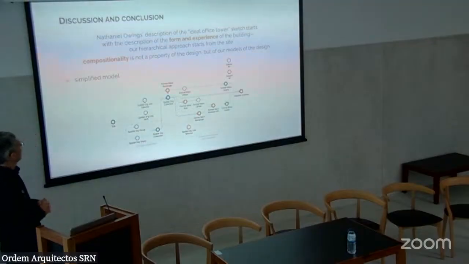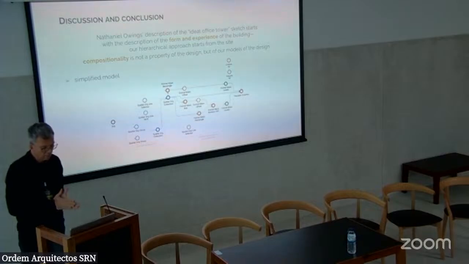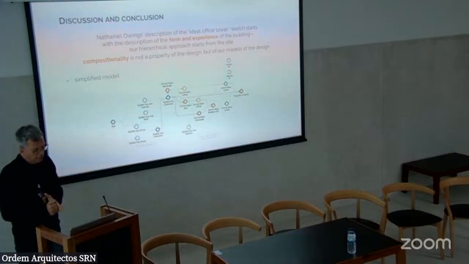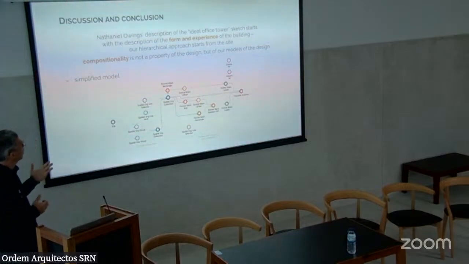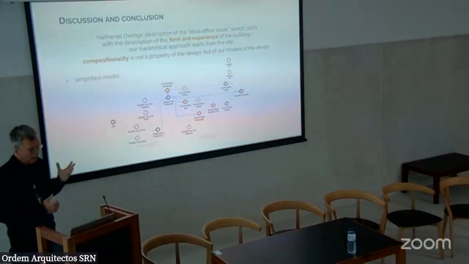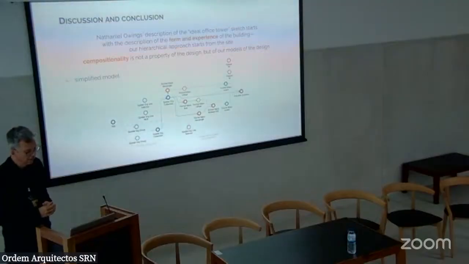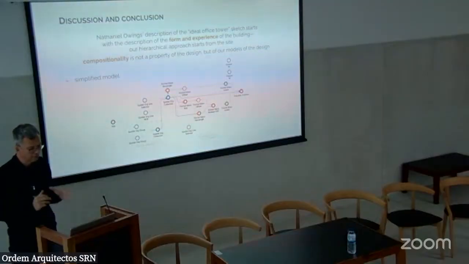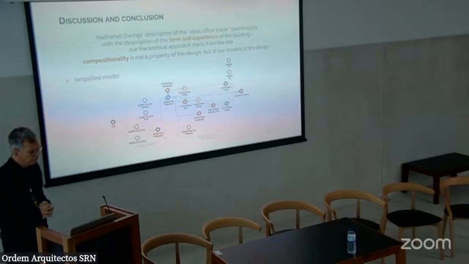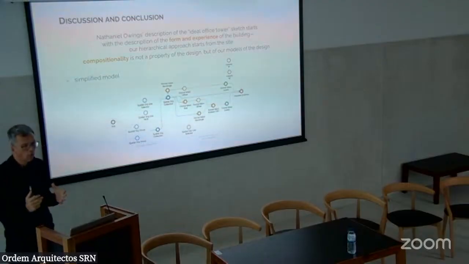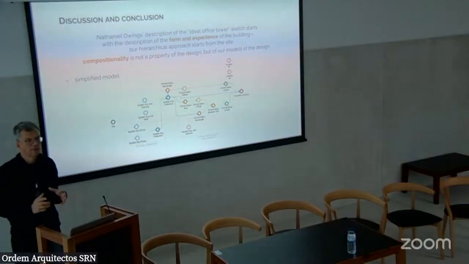So in conclusion, there are a few things I want to talk about. The first thing, of course, is that it's not entirely reflecting of Nathaniel Owings' description of this ideal office tower, because he starts with the description of form and experience, not with the site.